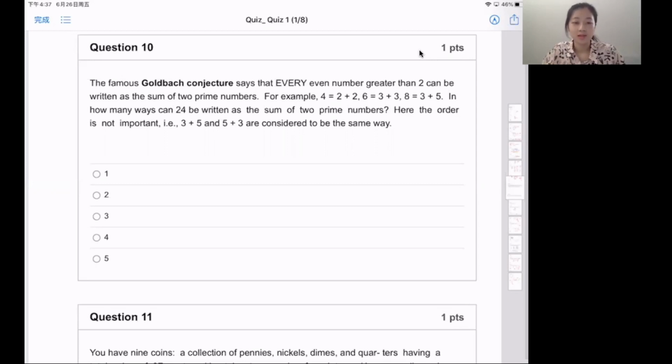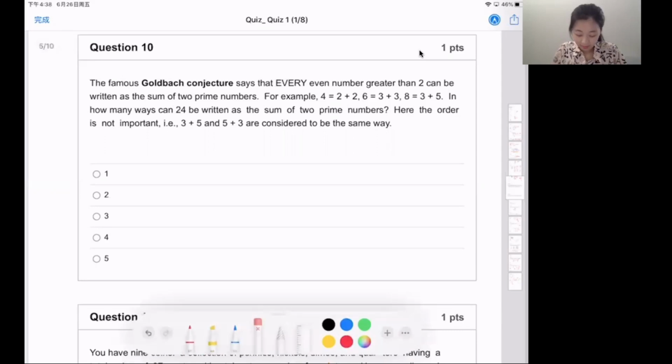Before we write down, let's review what a prime number is. A prime number has to be greater than 1. Why did I erase it?